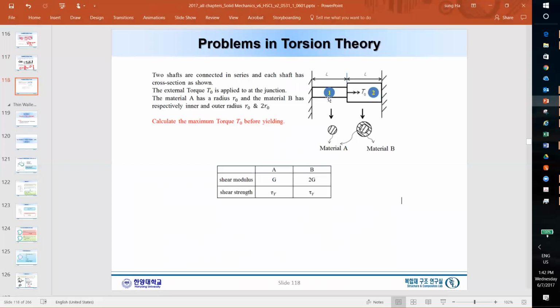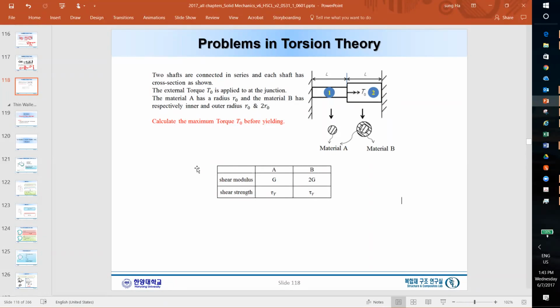Again, there are two shafts. The first shaft has a cross section of material A, and the second shaft consists of two materials: inside there is material A, and outside is material B. The shear modulus for A and B is G and 2 times G respectively, and the shear strength is tau Y, which is the same.